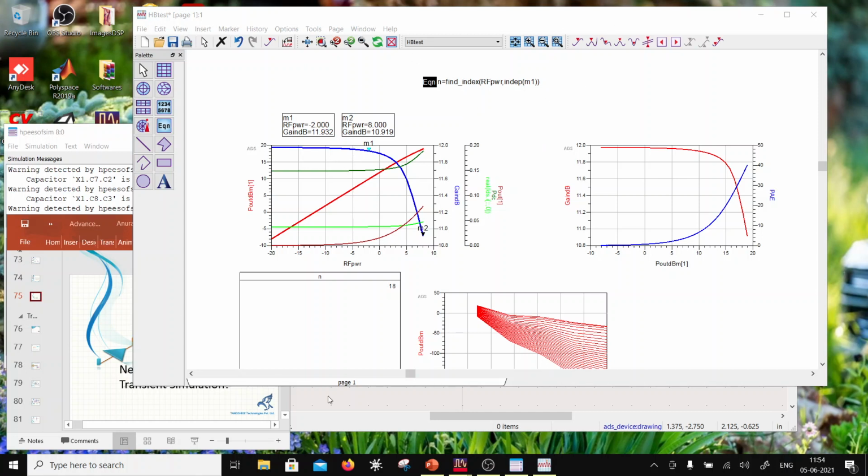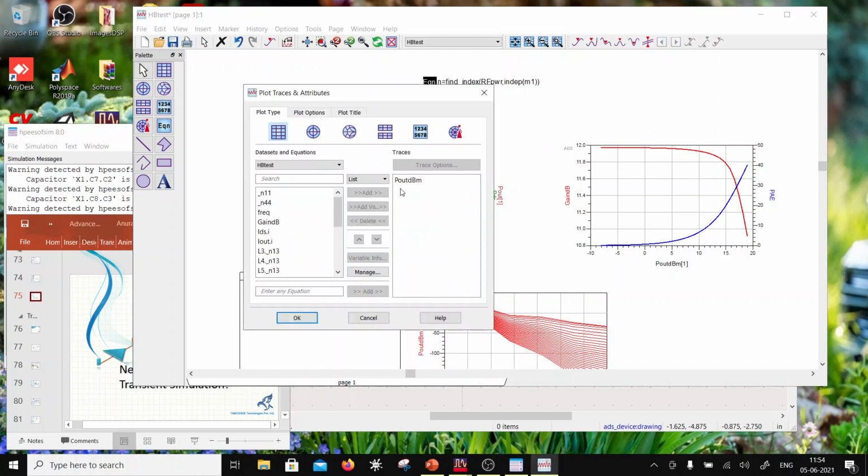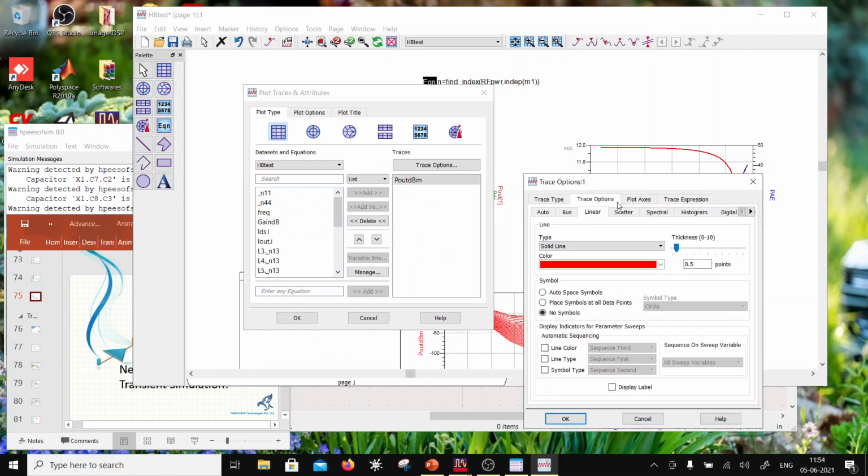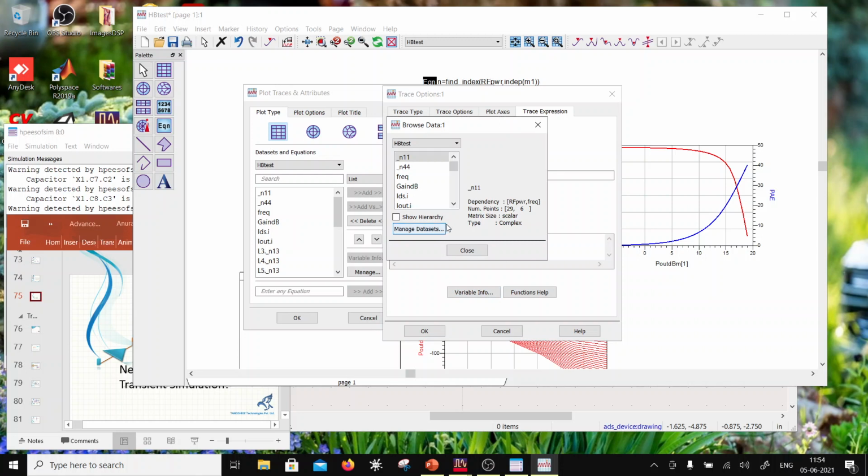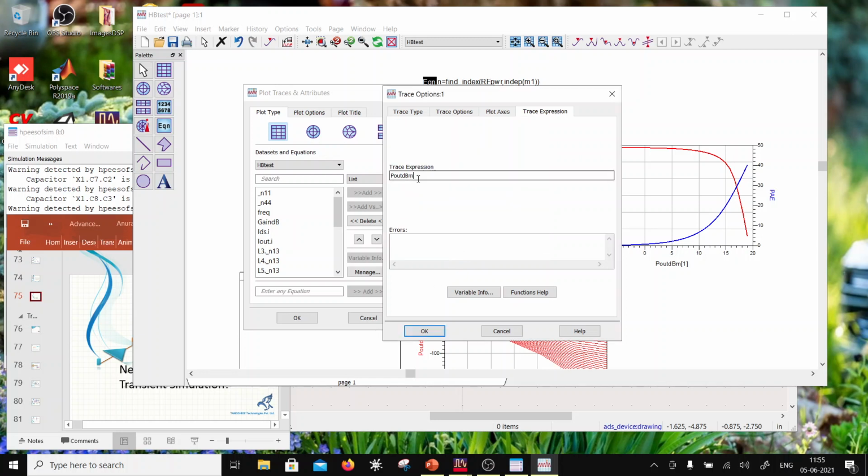So here in P out dBm, you can go here and look at the variable info. In this case, P out dBm is going to be power sweep versus frequency. So I want to have all frequency components for a given power sweep component, which is n.